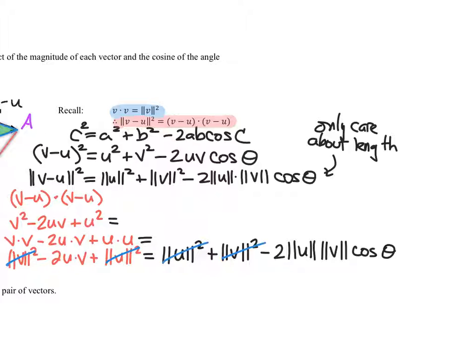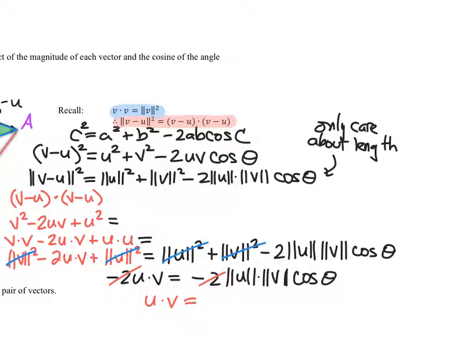But all of these are now gone. So -2 U dot V is equal to -2 magnitude of U, magnitude of V, cosine of theta. And so we can wipe out the -2's, and now we have our rule. The dot product of U and V is equal to the magnitudes multiplied by the cosine of the angle between them.